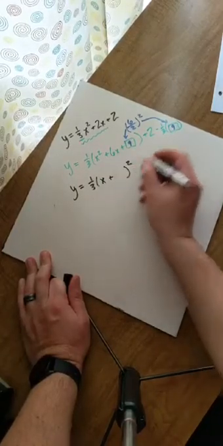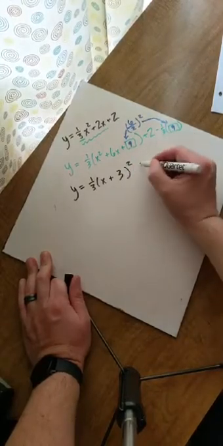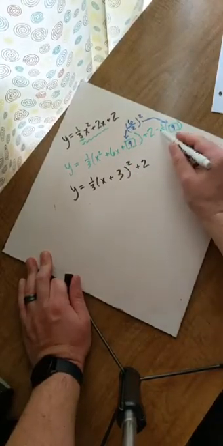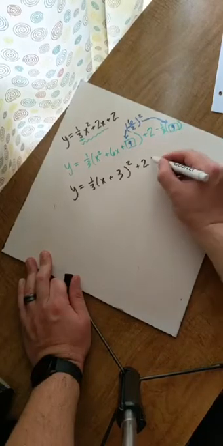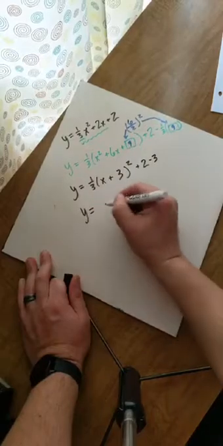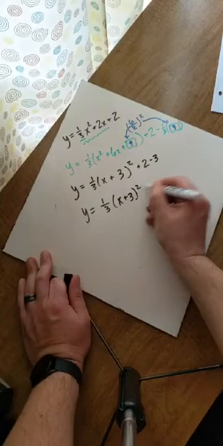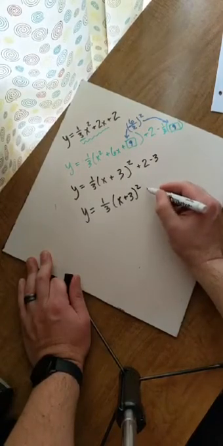It's going to be plus in the middle, and then the square root of 9 is 3. Then on the other side we got plus 2, and then minus 1/3 of 9 is 3. So 2 minus 3. So we get y equals 1/3 (x plus 3) squared, and then we get minus 1.